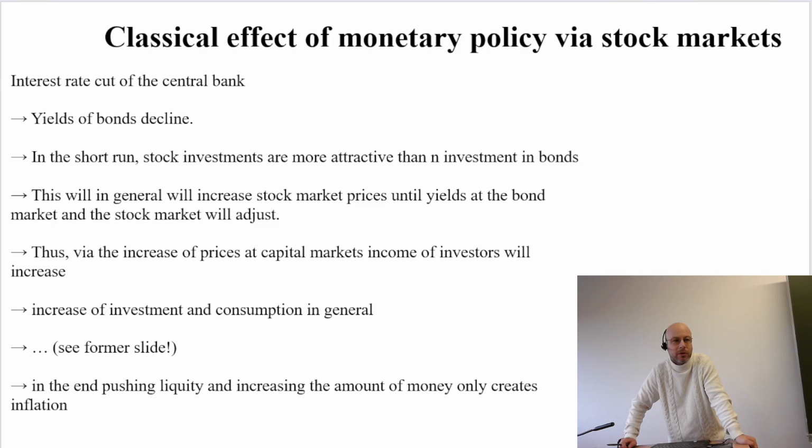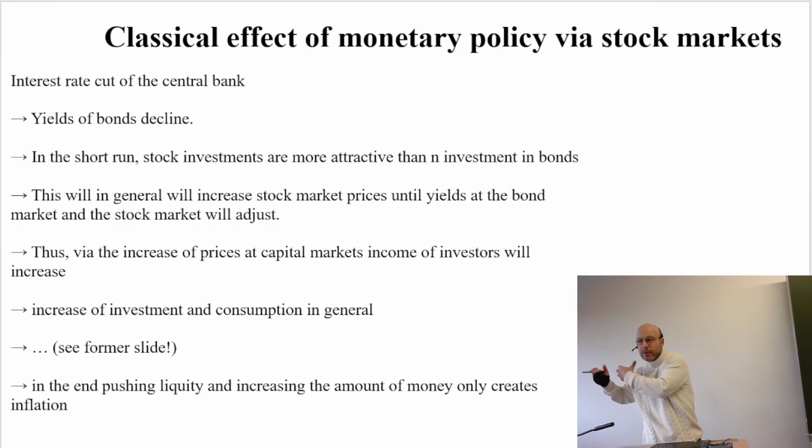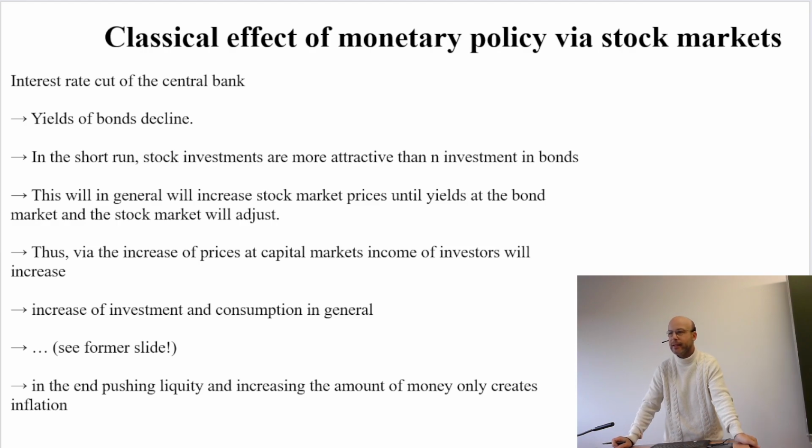But of course, we also can invest in the stock market. And now, if via the central bank, via a cut of key interest rates, the yield of bonds will decrease, then again, thinking in alternatives, opportunity costs, we will start to move our investment to the stock market, because then we think, okay, there will be still a higher yield.